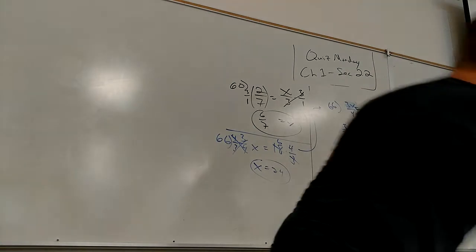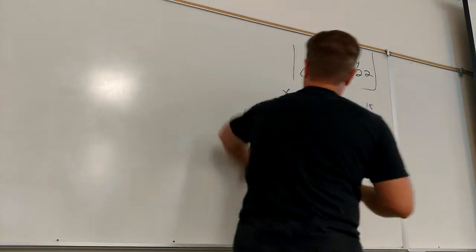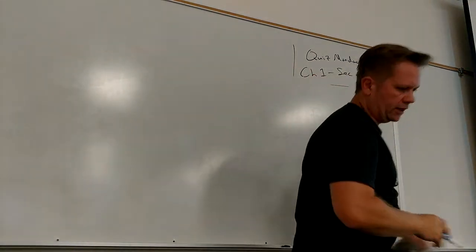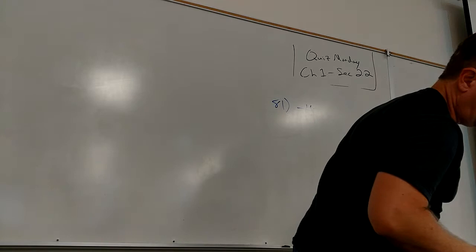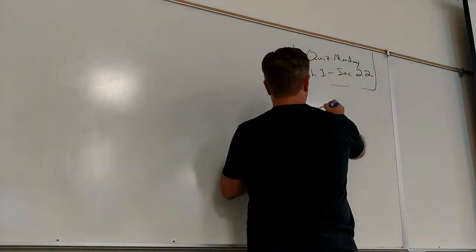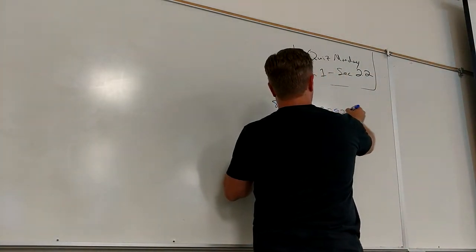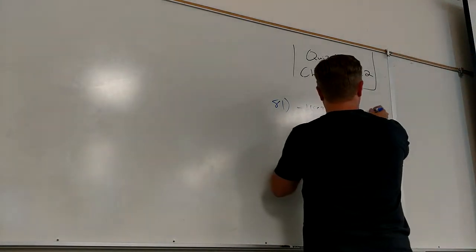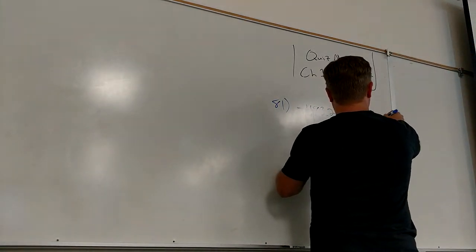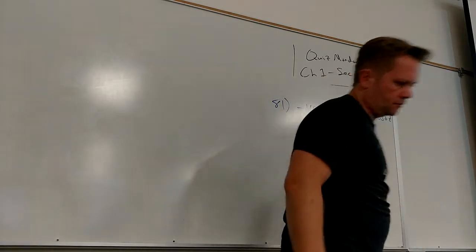How do I solve that? How do I get t by itself? So 81 looks like this. All right, this is the one with all those decimals in there. 483.297 equals negative 794.053 plus t.